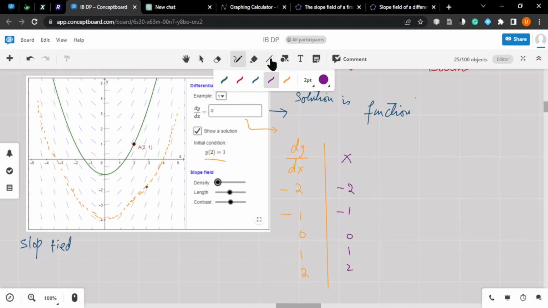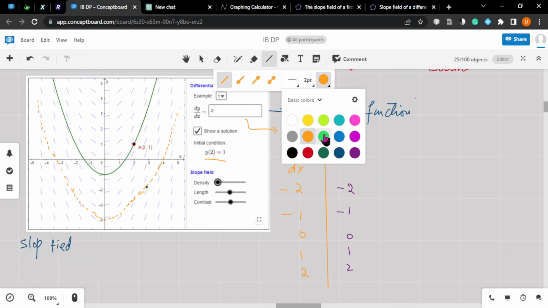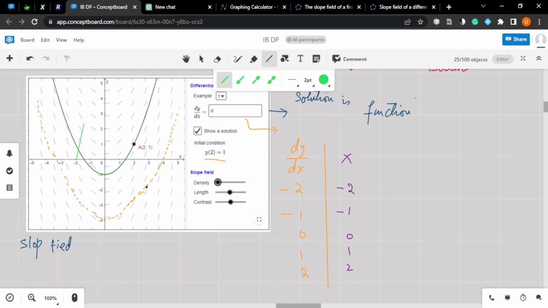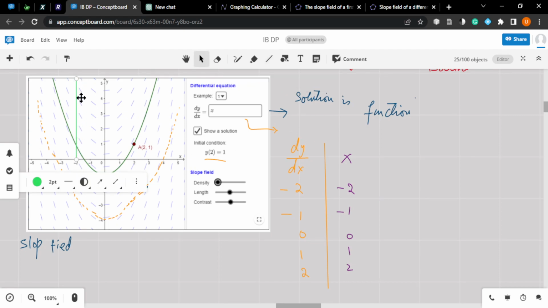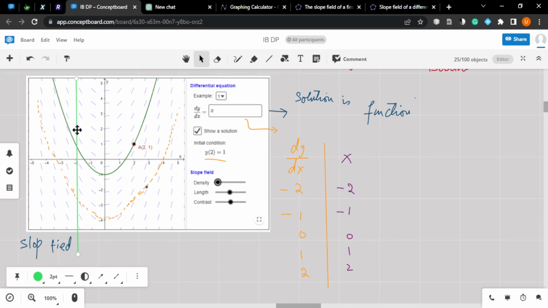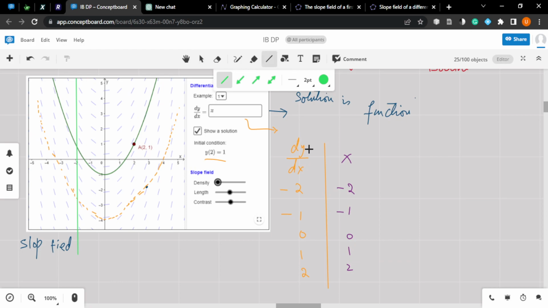So you can see that at x equal to minus 2, the gradient is minus 2. So I'm going to draw it over here. At x equal to minus 2, you can see that at this line, all the slope elements have the gradient minus 2. Similarly, at x equal to 0, all the slope elements have gradient 0.